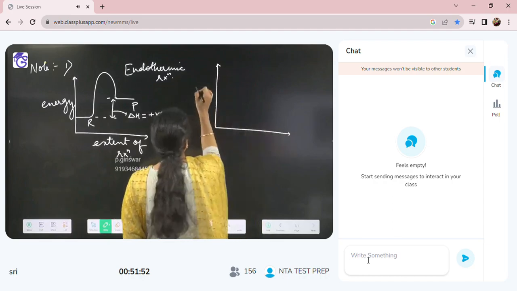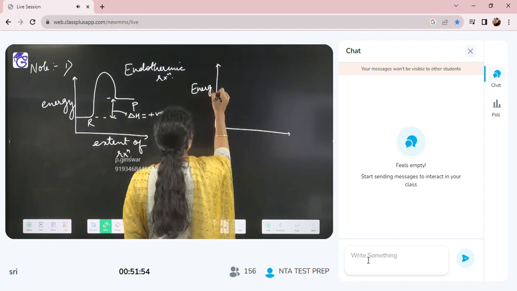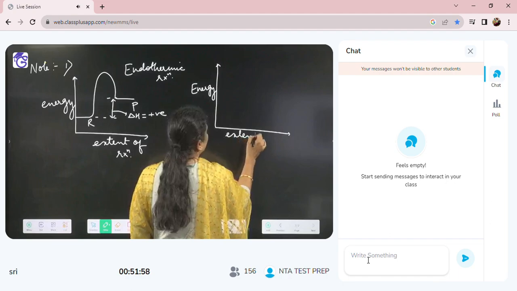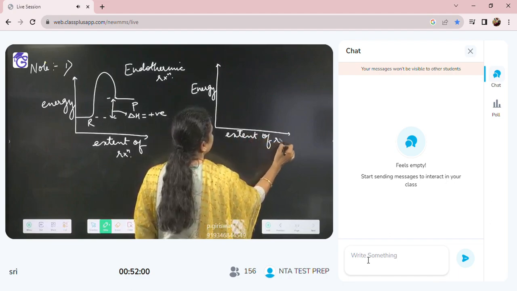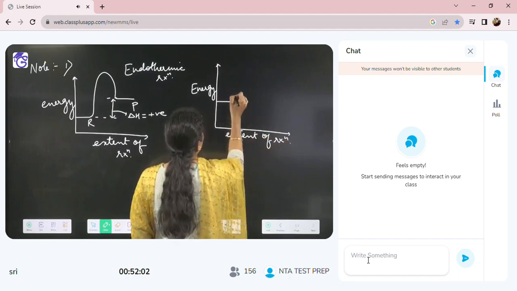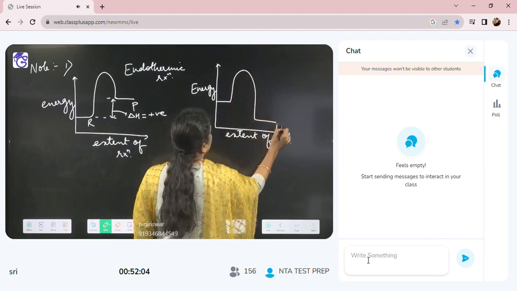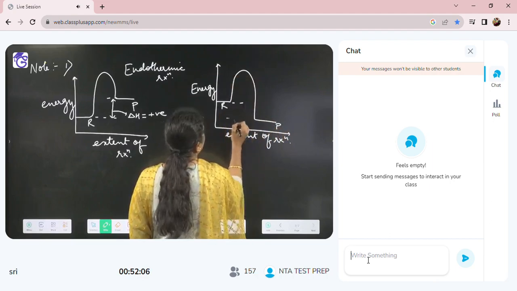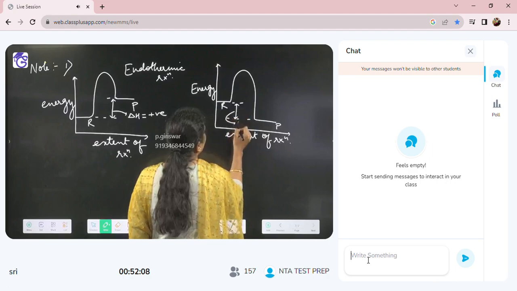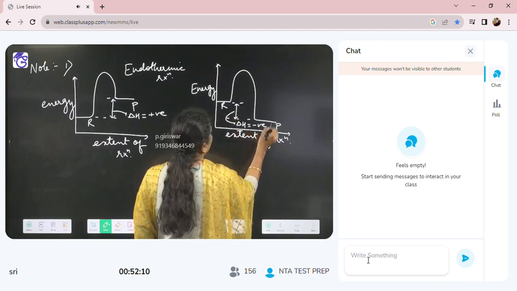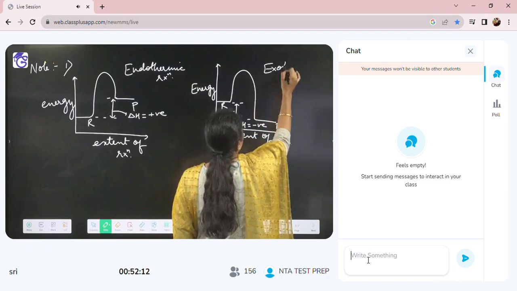Similarly, we can plot a curve for energy and the extent of reaction here. We can have a graph like this, where this is product, this is reactant, and this is your delta H. So delta H is negative here, and this is for an exothermic reaction.